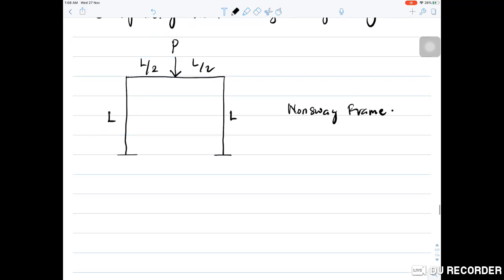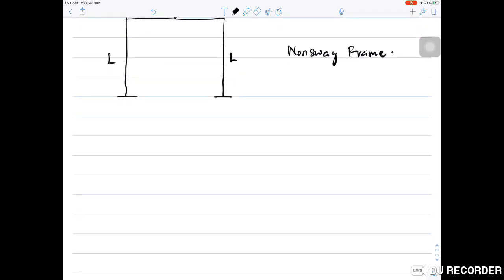Okay, let's consider what happens to this one. Let's say I have a frame like this, but this time the load P is subjected not at the center. Let's say like this, it is L/3 and 2L/3, means P is located not at the center.